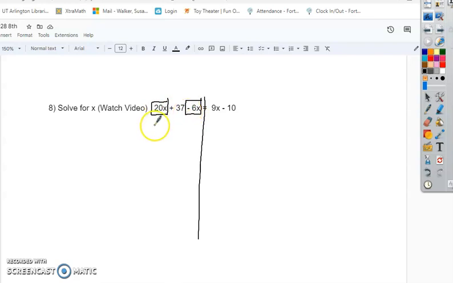These are on the same side. So 20x minus 6x, that is 14x plus 37 equals 9x minus 10. Okay, now y'all move the x's together and then move the numbers or the constants to the other side. You should get a decimal. Make it a decimal or a mixed number or both.